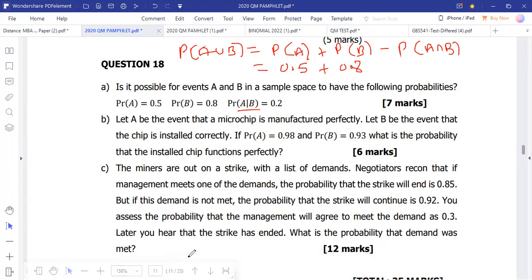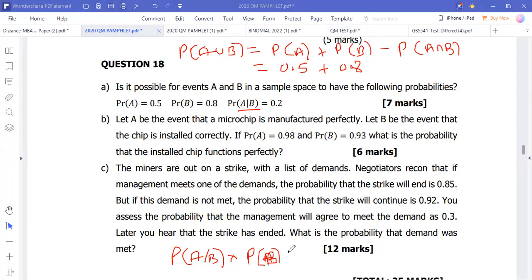We multiply the probability of B by the probability of A given B. B has been given, so we use the probability of A given B. We simply say we have the B. What is the probability of A? So we use B there. Yes, correct. So this will give us the intersection of A and B.